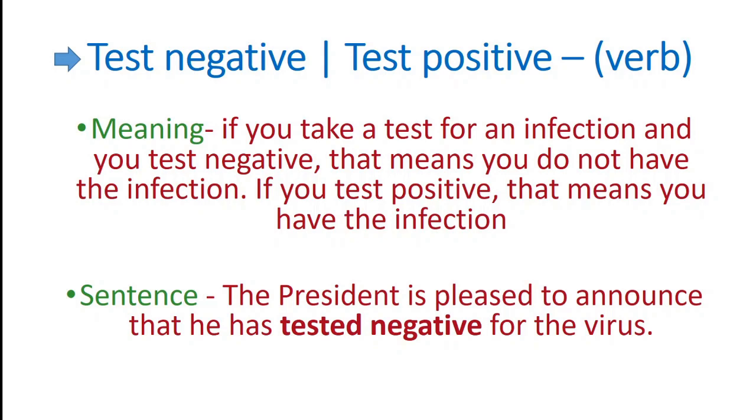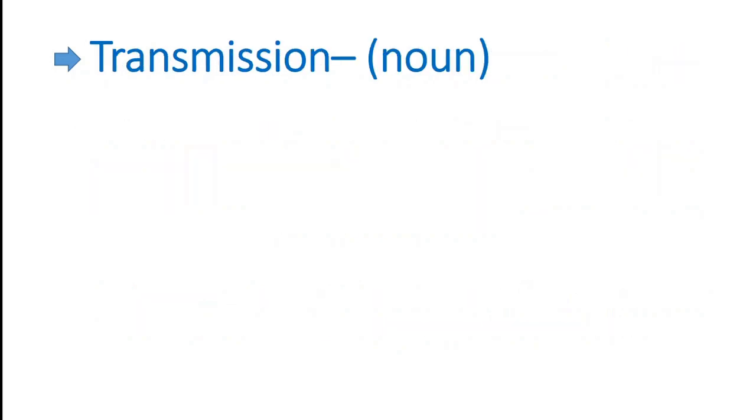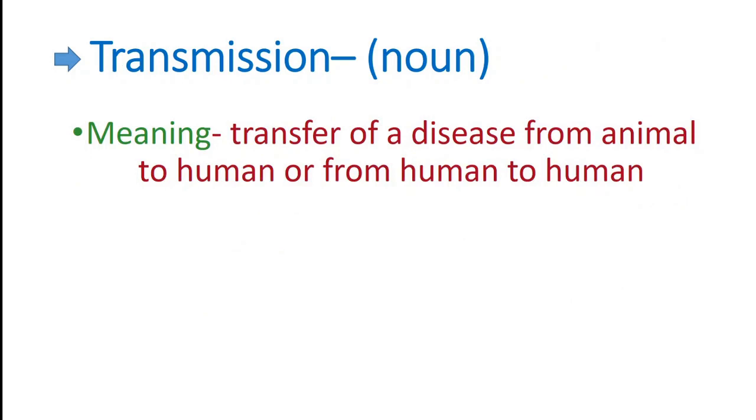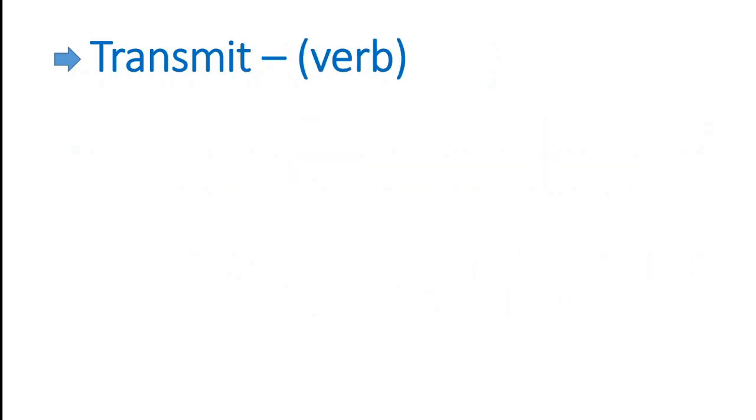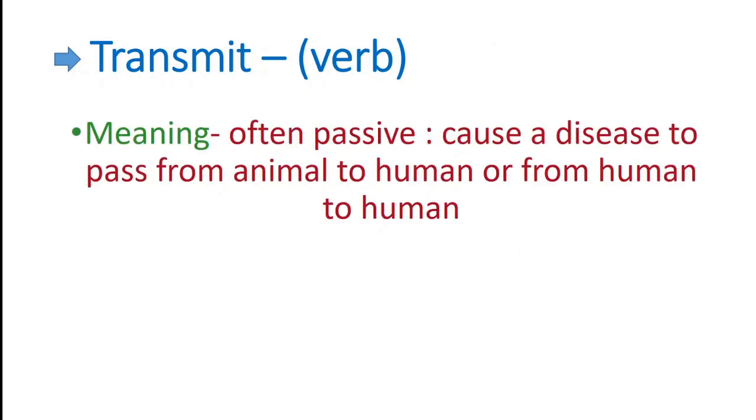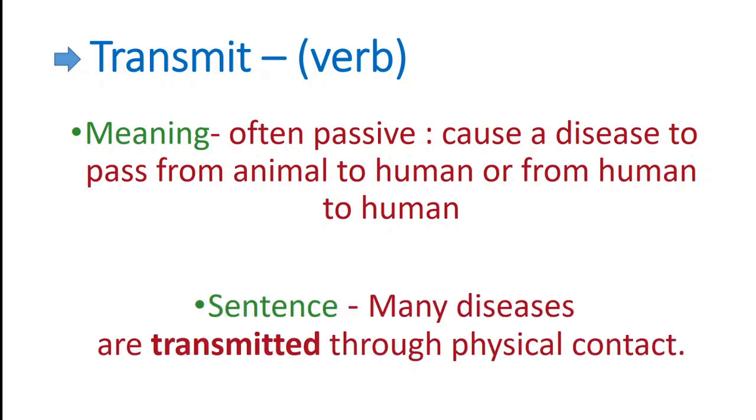Transmission. Noun. Meaning transfer of a disease from animal to human or from human to human. Sentence: transmission of many diseases can be direct or indirect. Transmit. Verb. Meaning, often passive, cause a disease to pass from animal to human or from human to human. Sentence: many diseases are transmitted through physical contact. Treat. Verb.